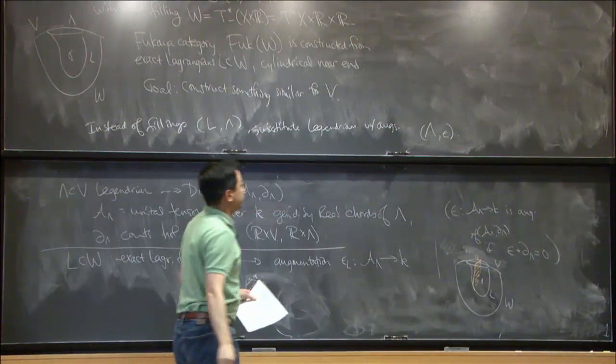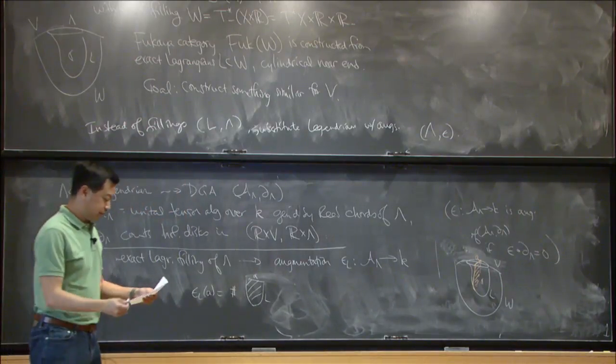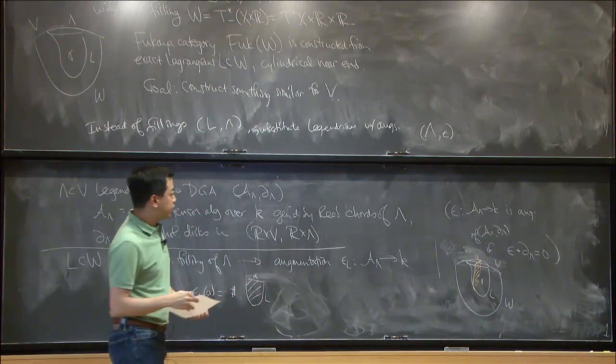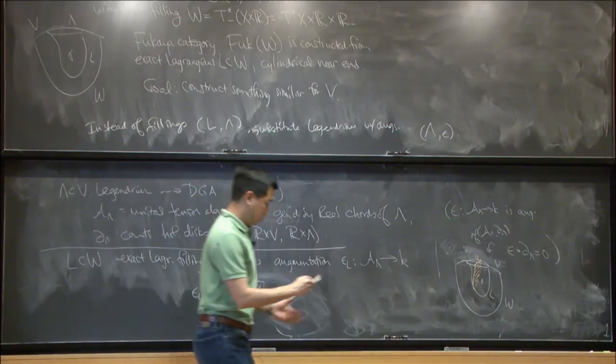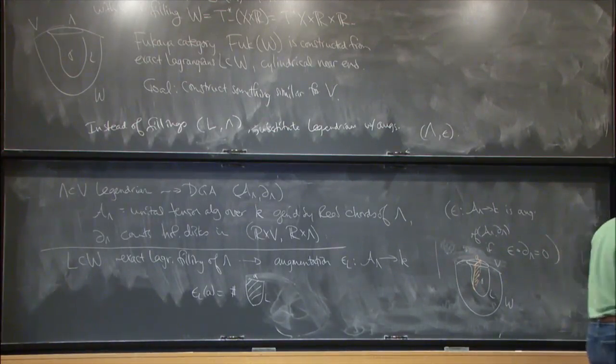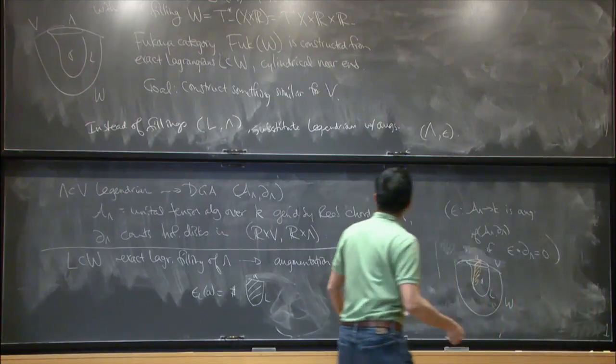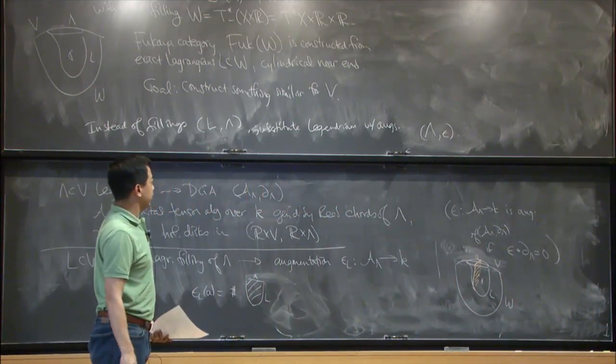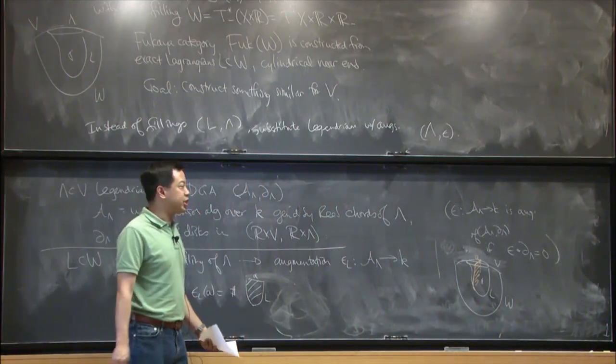So I'll write this as lambda, epsilon. So those are going to be the objects in some sort of category. It'll be Legendrians equipped with augmentations.